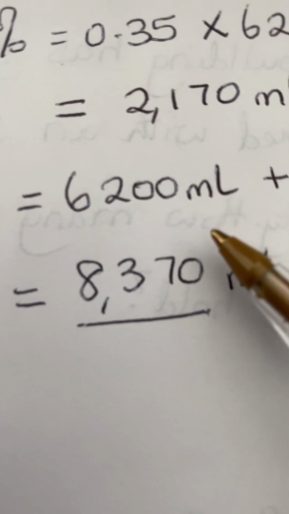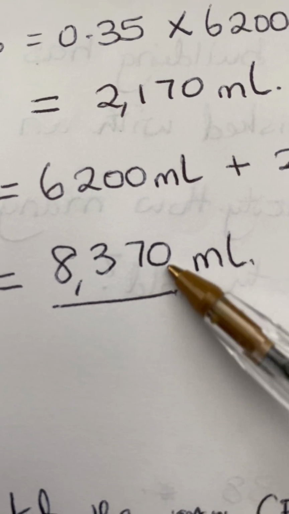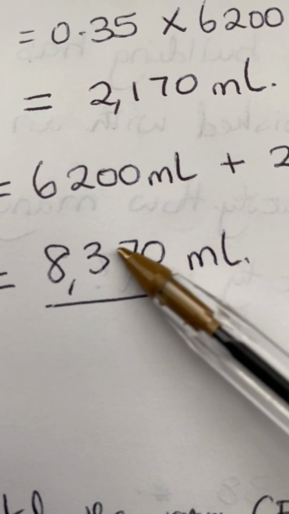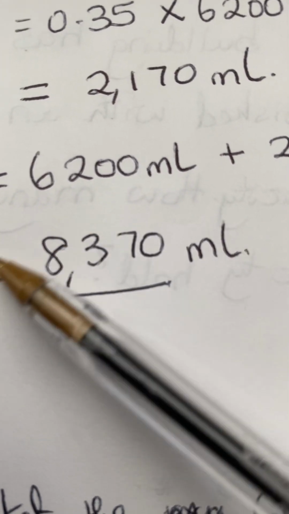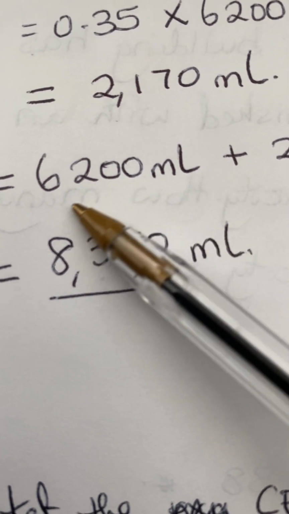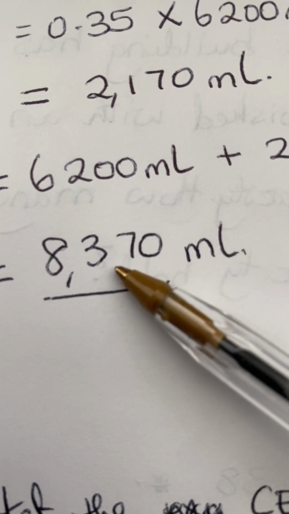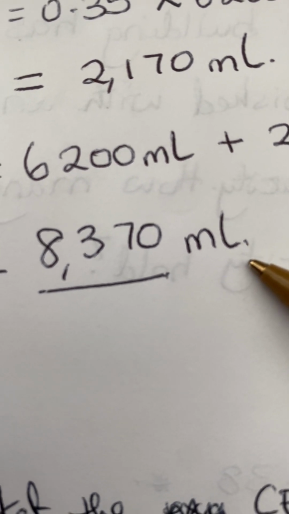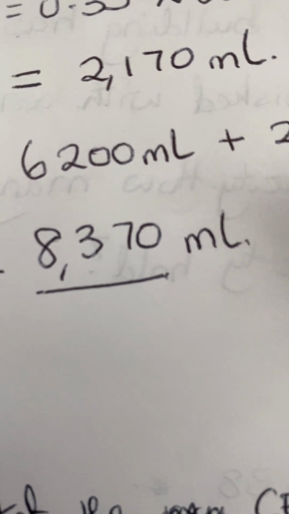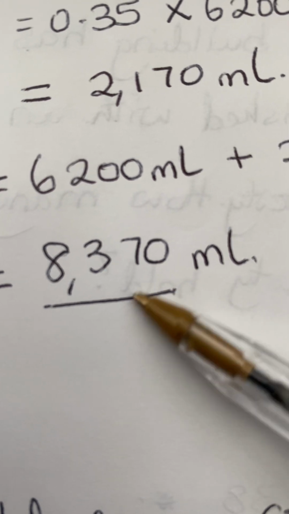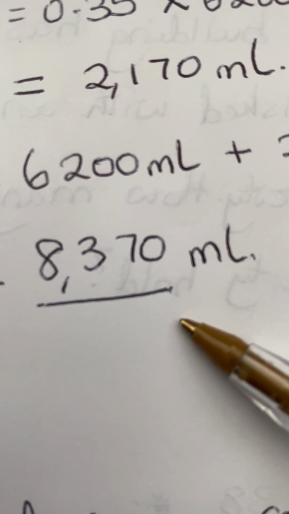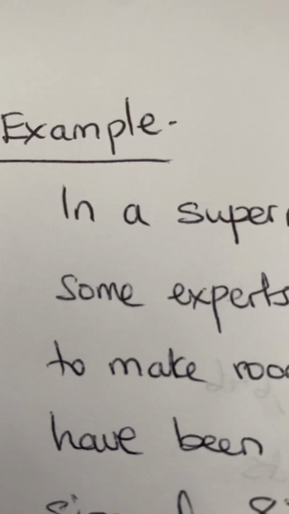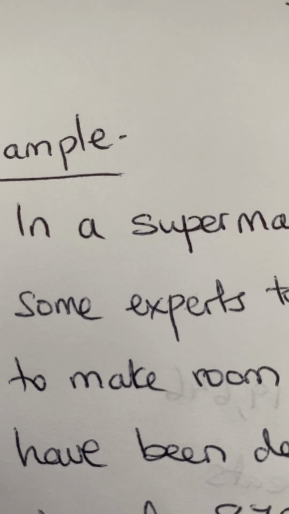So after they have done the work, the new capacity will be 8,370 milliliters. We add because they are increasing the capacity. Let's see an example where they will decrease the capacity.